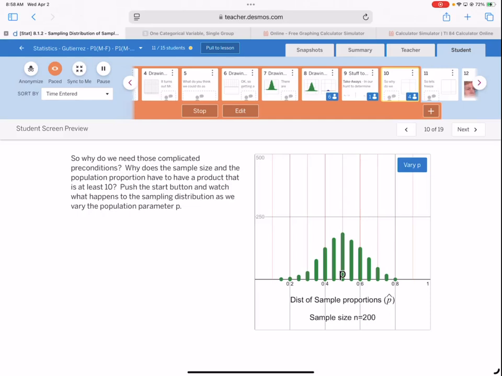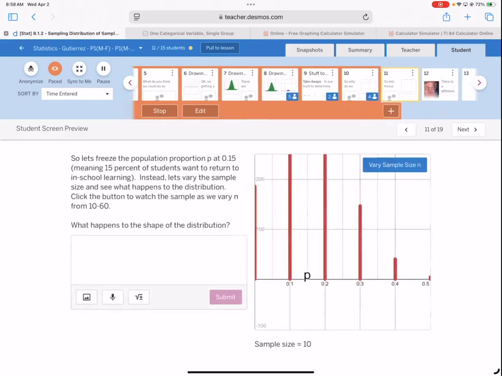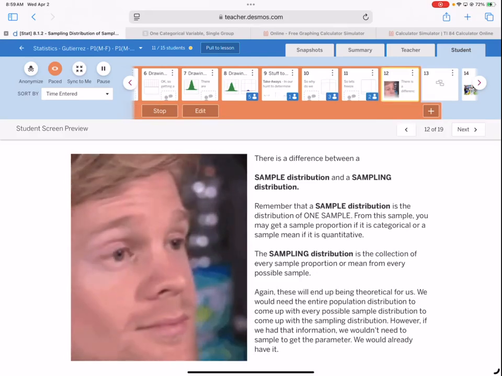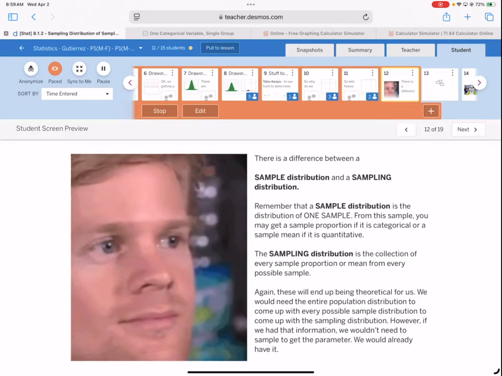Where does that 10 come from? This slide will help you answer that. And then slide 12 is once again talking about the sampling distribution versus a sample.